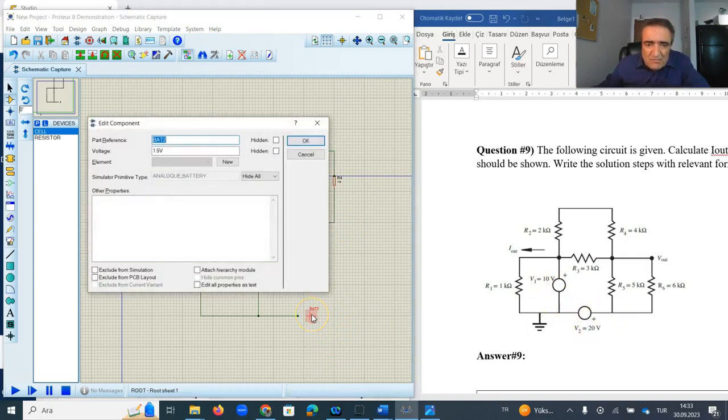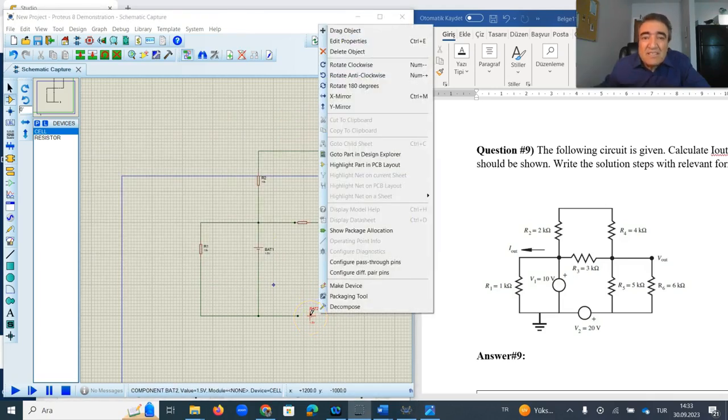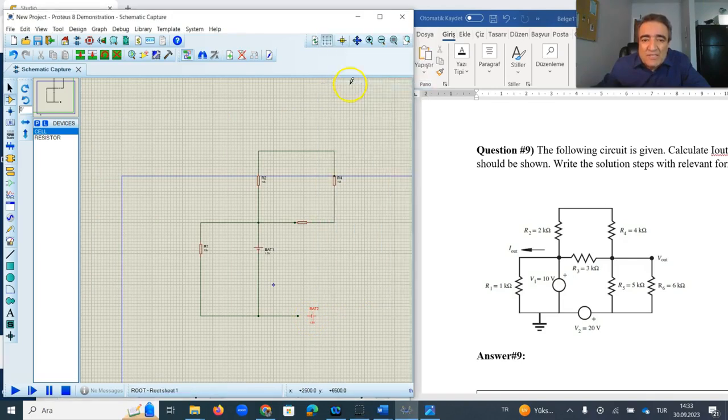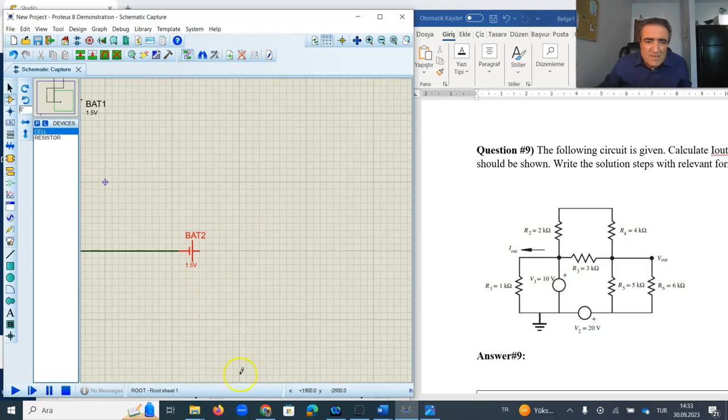Therefore, I am rotating again. Right click, rotate 180 degrees. Now it's correct. There is battery.